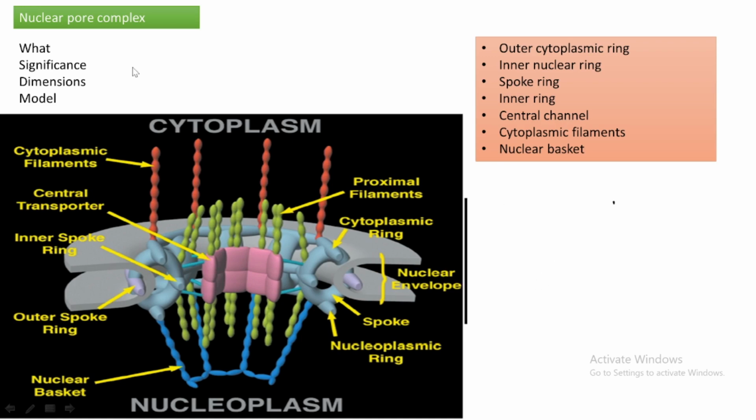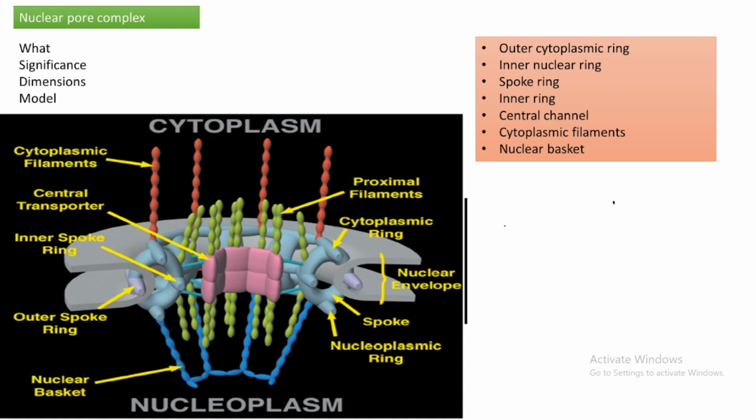For this nuclear pore complex, important terms we need to be familiar with are outer cytoplasmic ring, inner nuclear ring, spoke ring, inner ring, central channel, cytoplasmic filament, and nuclear basket. After I explain that model, you will be familiar with all these terms. Okay, I will draw and explain the cross-sectional view of this nuclear pore complex.